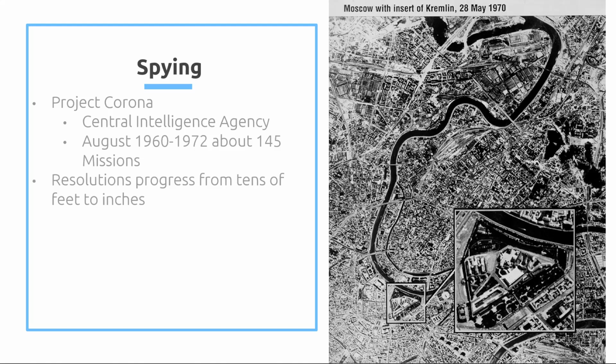But over the course of the Cold War, it went from pretty coarse to the point where you could see individual cars, you could see individual people. You might not be able to see the faces, or the make or the model, but you could roughly tell what kind of car it was. You could roughly tell how many people were in an area. In some ways, it's actually kind of terrifying to think about that.